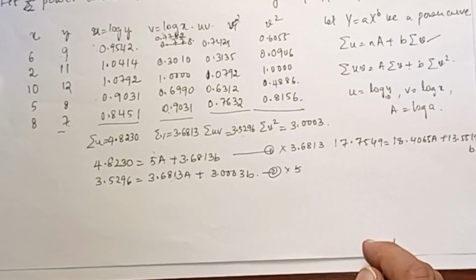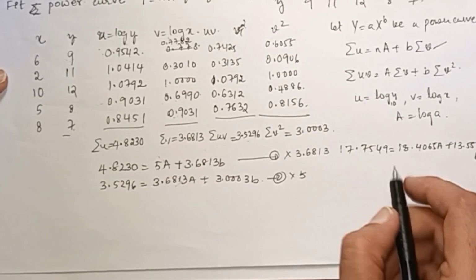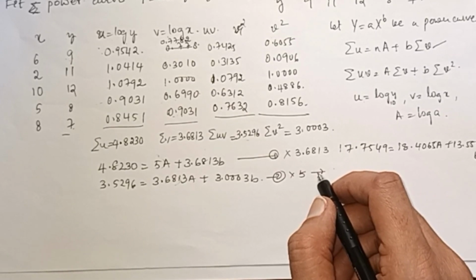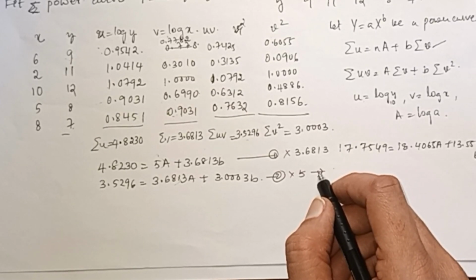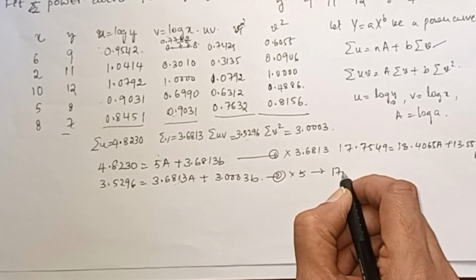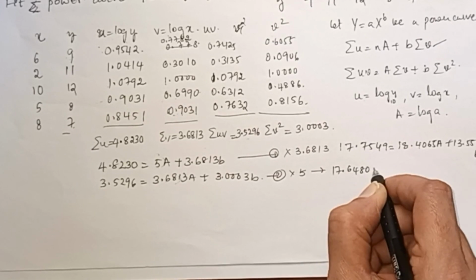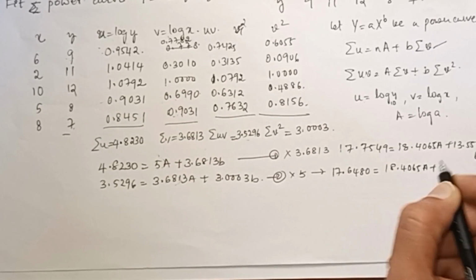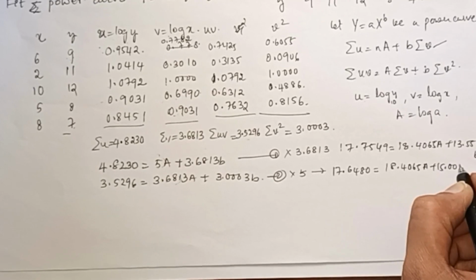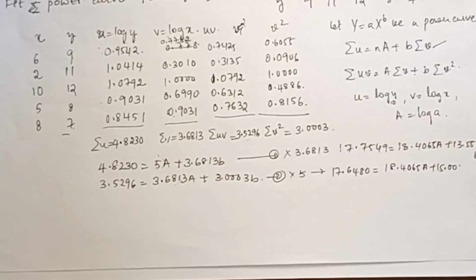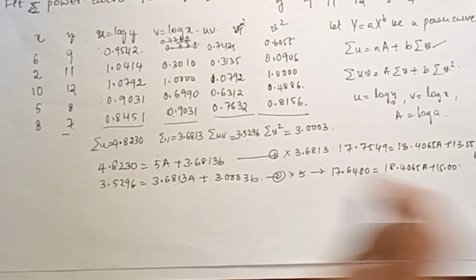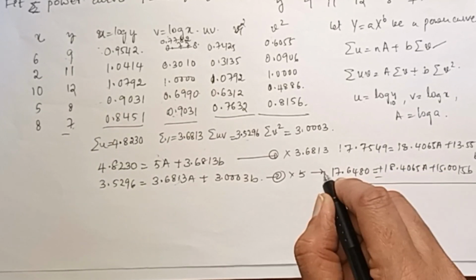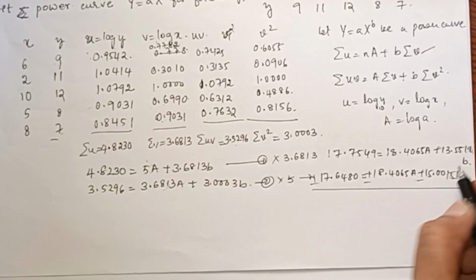Then similarly, this equation after multiplying by 5 becomes 17.6480 equal to 18.4065A plus 15.0015b. You have to subtract now.